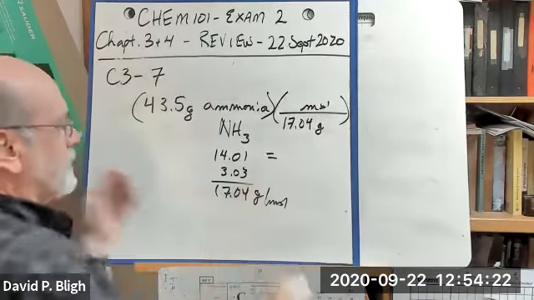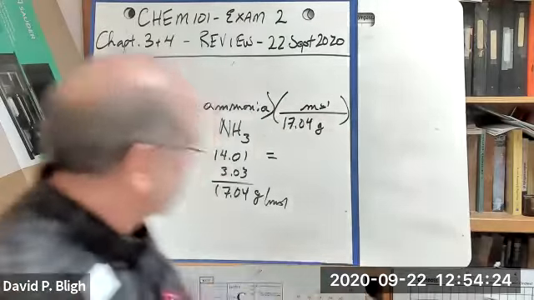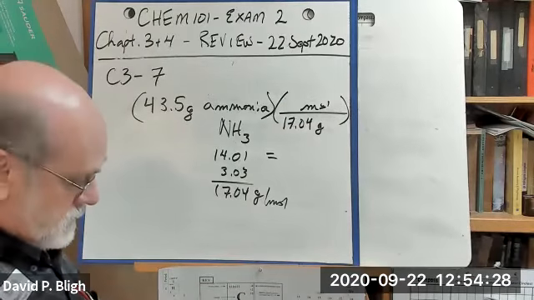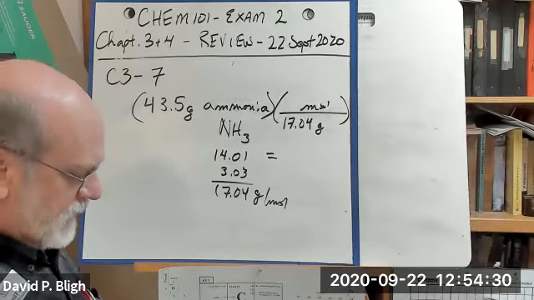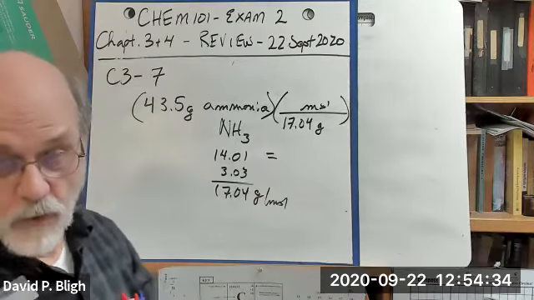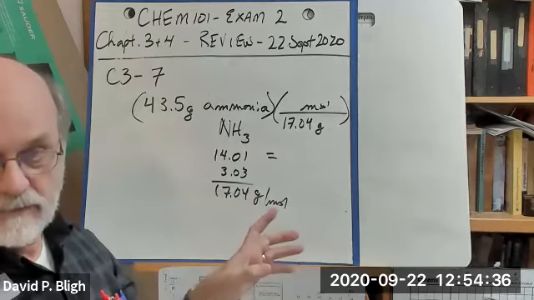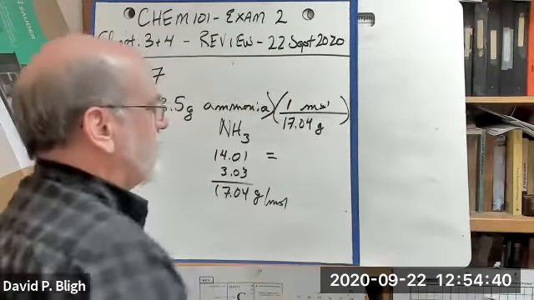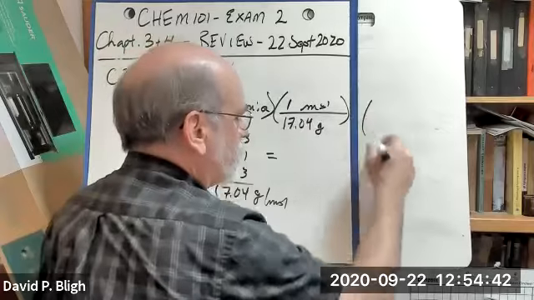Okay? And in the interest of time, this only tells you how many moles, right? The question says how many molecules, right? So if this is number of moles, how many molecules do you have? Avogadro's number.